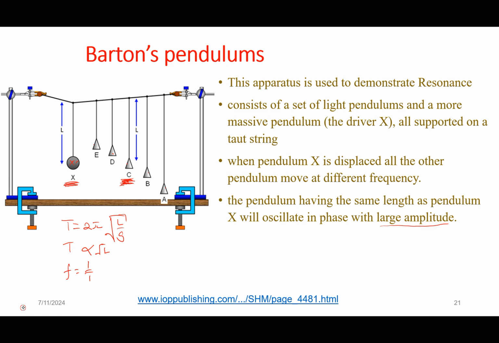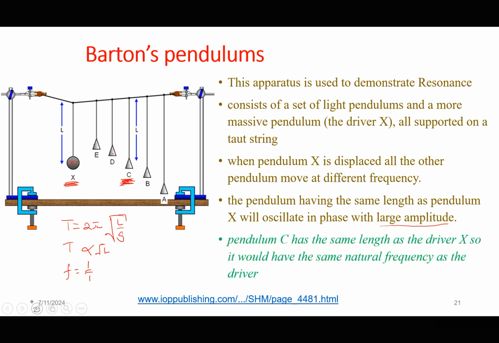So pendulum C, for example, has the same length as the driver X. So it would have the same natural frequency as the driver, and therefore the same period. It will absorb maximum energy from the driver and vibrate with the maximum amplitude as compared to E, D, B, and A. So we say C is undergoing resonance, it is resonating.